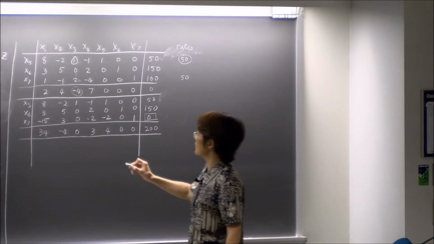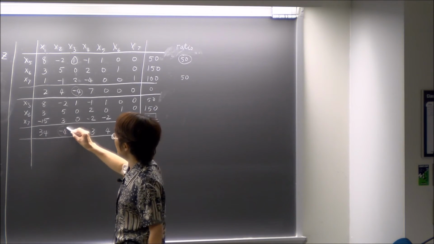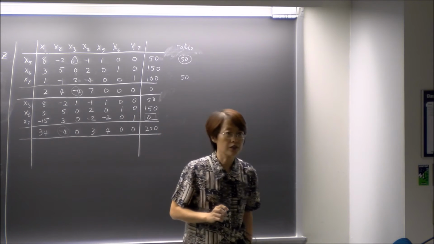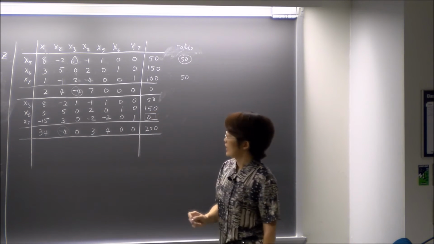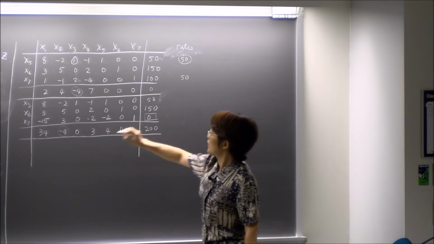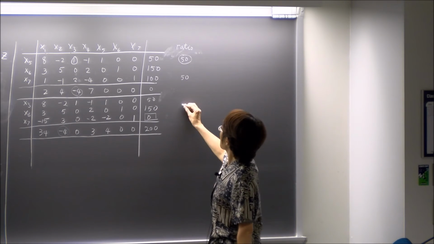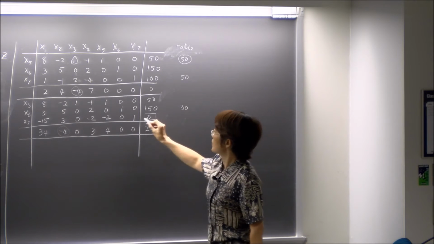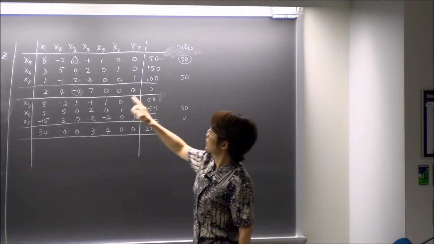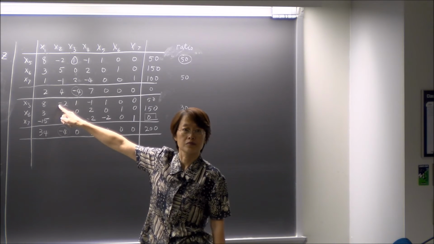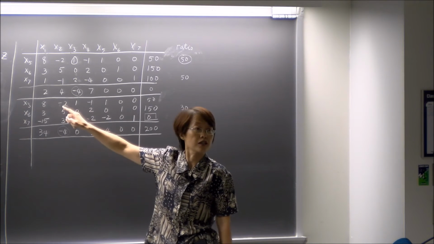So the algorithm continues, and we found a negative coefficient, -4. And then I check this row. I computed the ratio. 150 over 5 is 30, and 0 over 3 is 0. Do I need to compute for the first row? No, because that's negative, right?